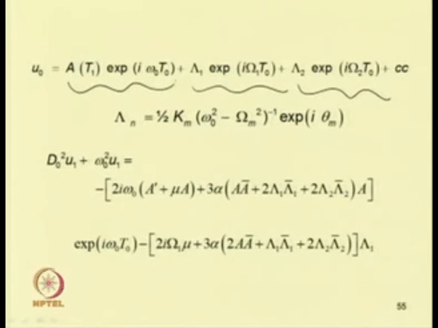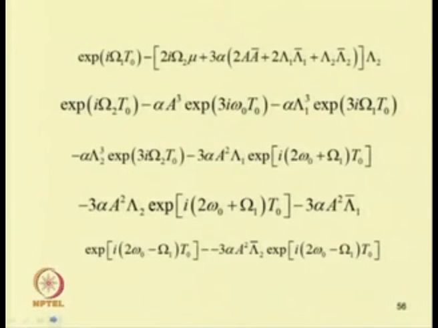By substituting this u 0 in the equation for u 1 and eliminating the secular terms, one can get different resonance conditions.